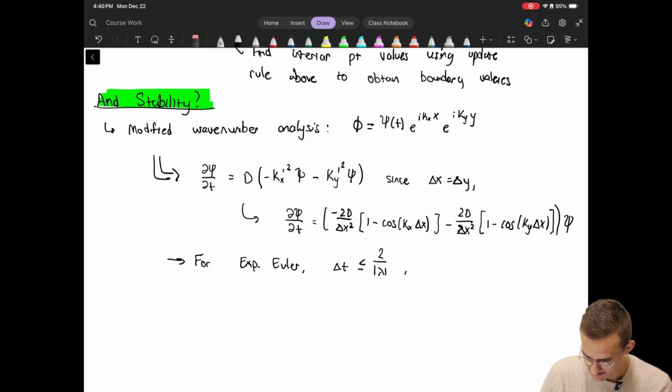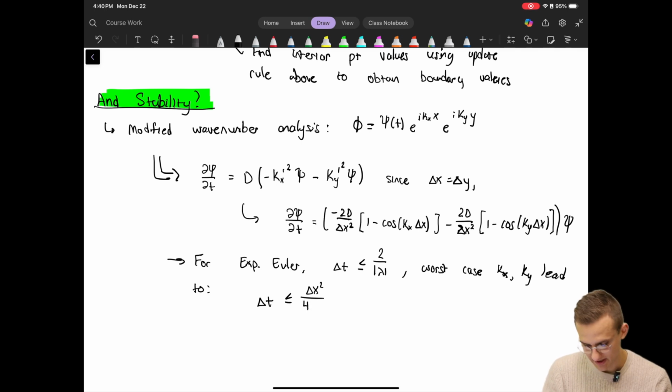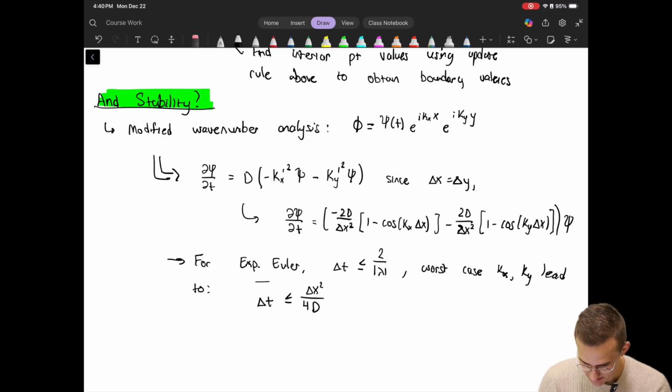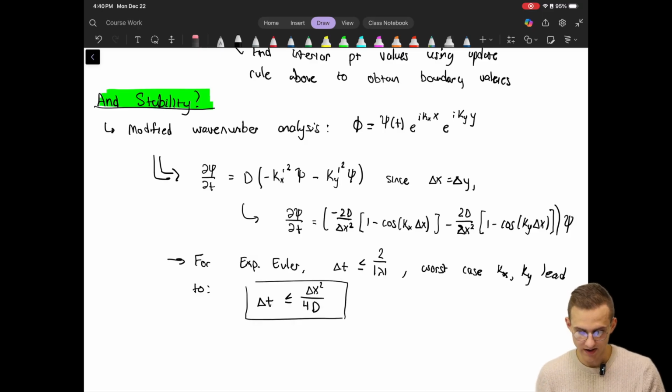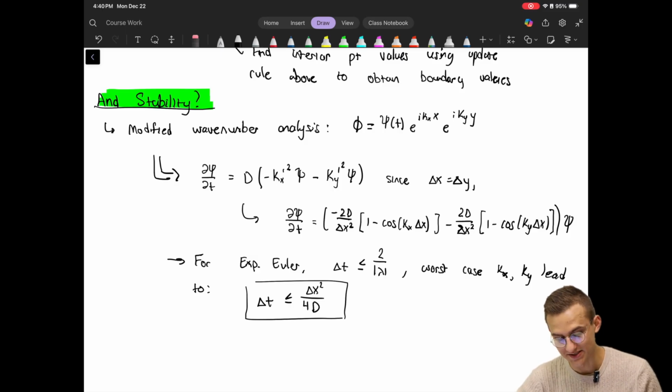And then the worst case kx and ky, which is what we need to choose to make our stability criterion, lead to the following stability criterion: delta t must be less than or equal to delta x squared over 4d. So we still get that for forward time-centered space, that stability criterion that requires the time step to scale with the spatial grid size squared to maintain stability.